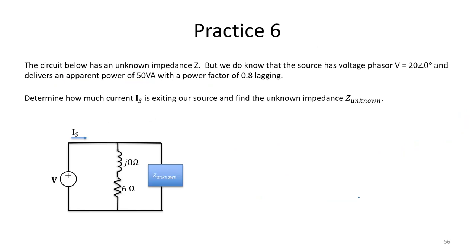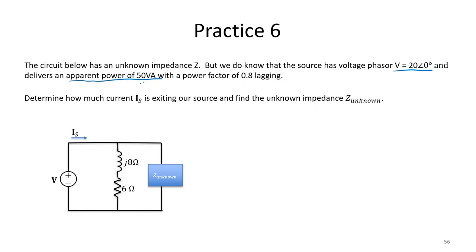All right, let's move on to our next practice question. This question is similar to one that you may have seen in the homework. Here we are given a circuit with an unknown impedance, but we do know our voltage phasor, and we're given an apparent power.